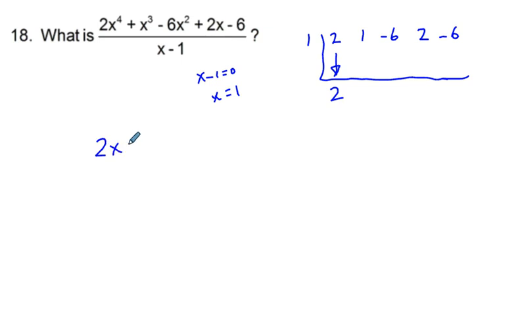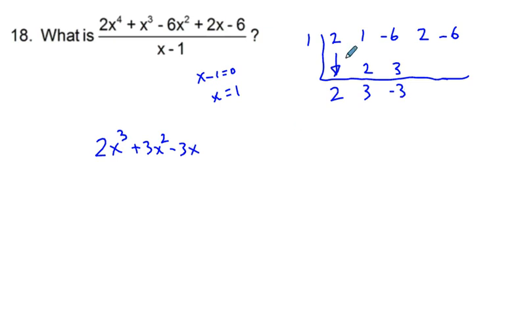Start with 2x cubed. And then 1 times 2 is 2. 1 plus 2 is 3. So we have plus 3x squared. And then 1 times 3 is 3. Negative 6 plus 3 is negative 3. And so we're going to have minus 3x.